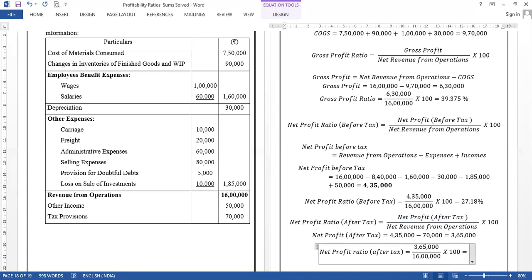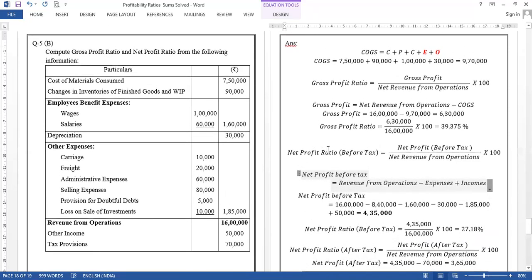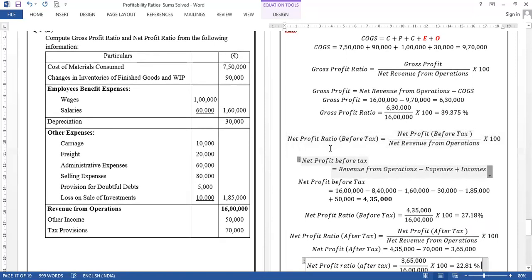So let us calculate this. 3 lakh 65,000 divided by 16 lakhs into 100. So this is 22.81%. Okay. So this again is a very important sum wherein we have learned to calculate the net profit ratio before tax and after tax along with the gross profit ratio.